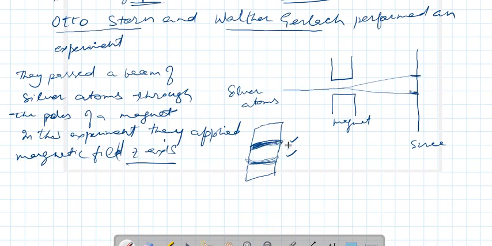They observed these two bands, one here and another band is here.